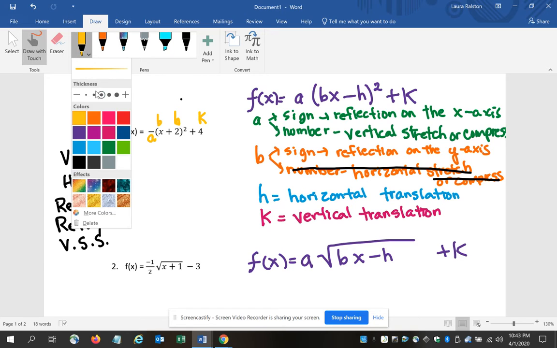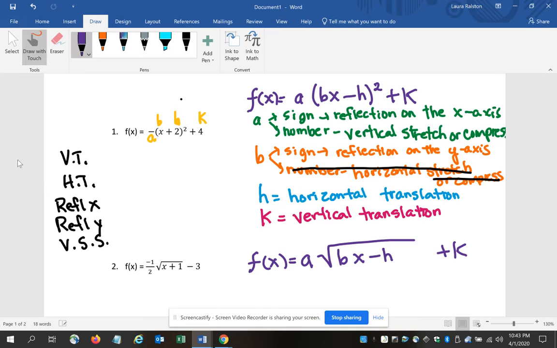So if I'm looking at this first problem, I start with the vertical translation, which is determined by K. I can see that this is going to go up 4 units.